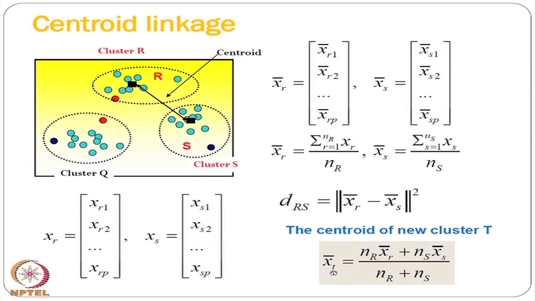That is why xt bar equals nr xr bar plus ns xs bar by nr plus ns. Once these two clusters are joined, the number of clusters reduces by 1. Again you repeat the process for the remaining clusters, until you reach only one cluster.